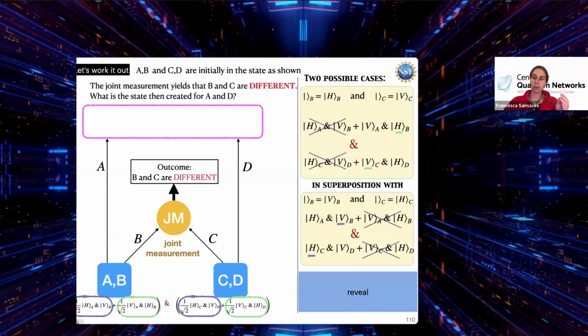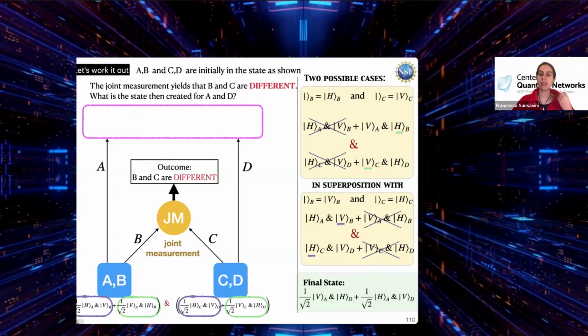Now, this is in a superposition with the second case where we have VB and HC. And when we isolate this, we are left with HAVD. So the final state will be VAHD in a superposition with HAVD, normalized over square root of 2.